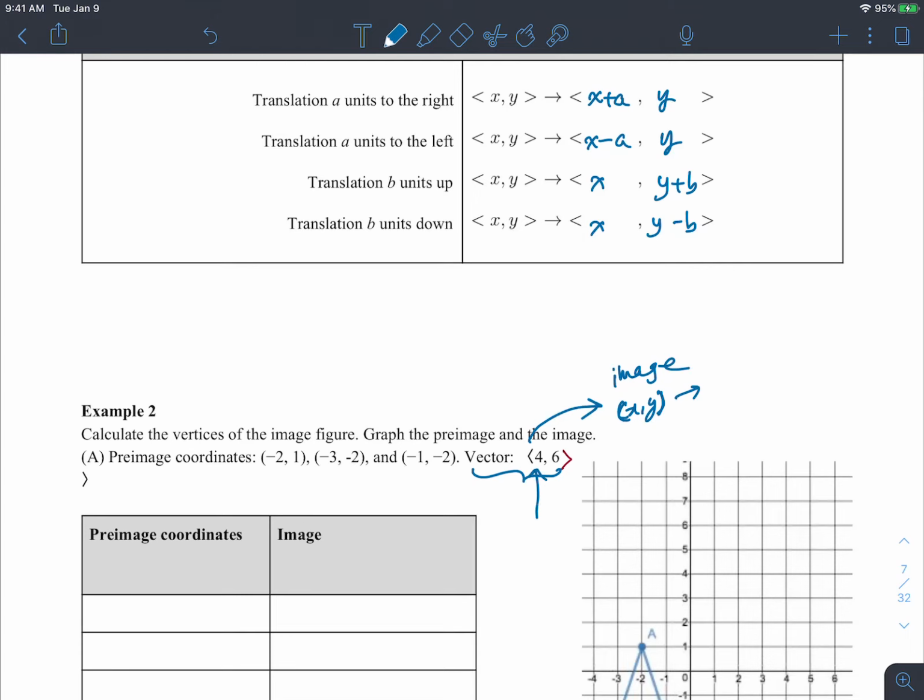This is telling you how much you're adding to x, so that represents the change in x, and that represents the change in y. So the new coordinate point will be x plus the change in x, and y plus the change in y. In this particular case, (x, y) becomes (x plus 4, y plus 6).